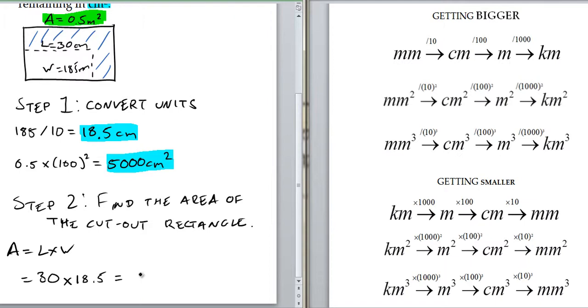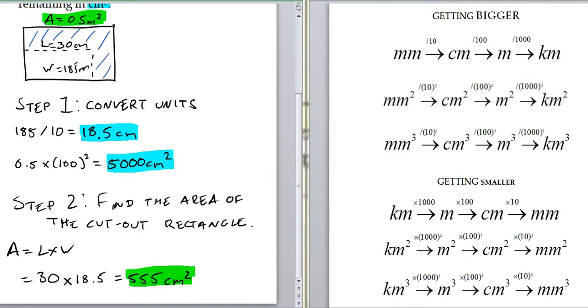That gives us an answer of 555. Now what's the unit going to be? Well, we're looking at an area, so it must be 2-dimensional. So we must have a squared. So it's going to be centimeters squared. Okay, so that's our second area. So our 2 areas are, this was area 1 and this is area 2.